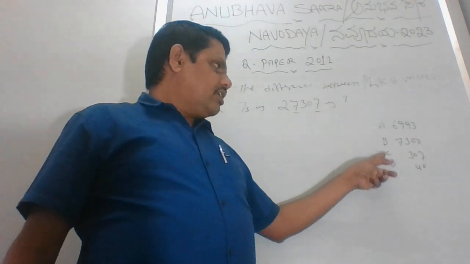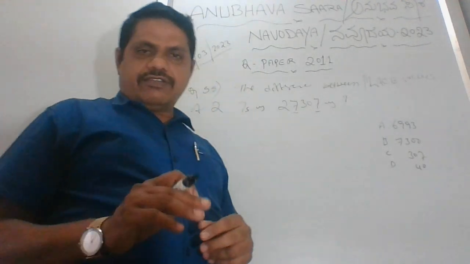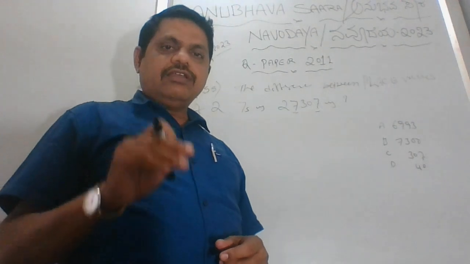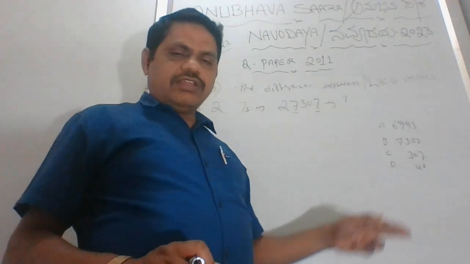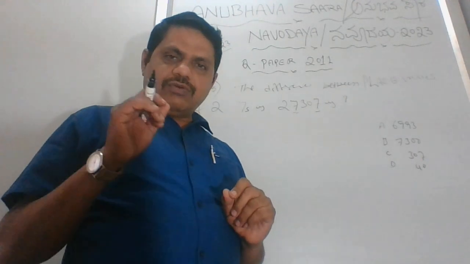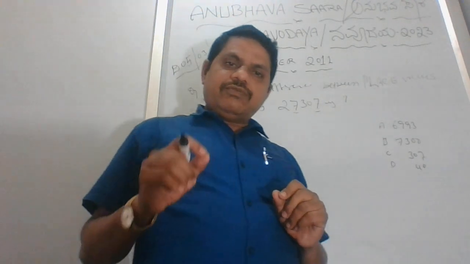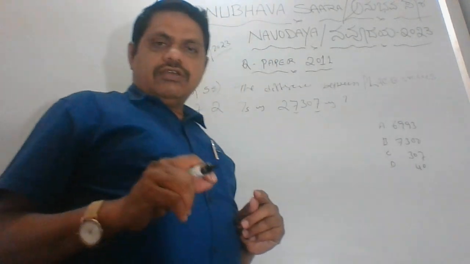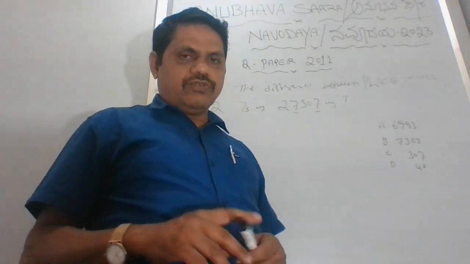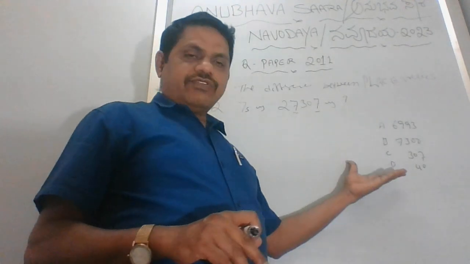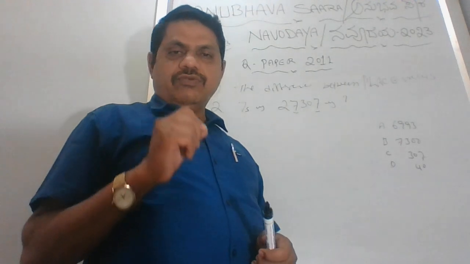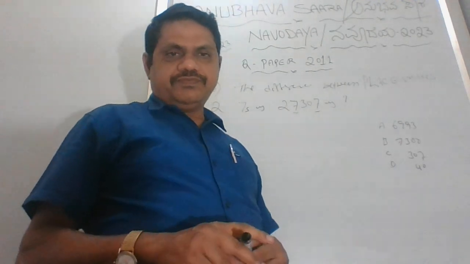But we cannot mark two options as an answer. That's really not the right way. If you do that, you won't get marks. Each question has only one correct option. You should not choose two options for each question. I hope you know that. Then how can we solve this question? That is the major challenge now.